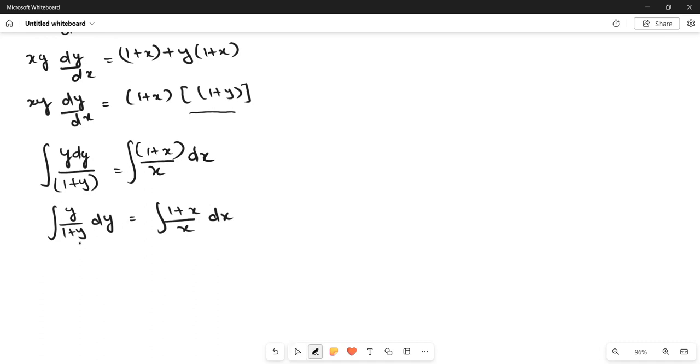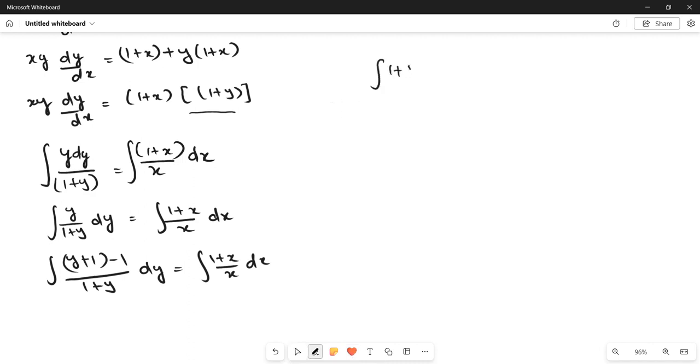To integrate it, how can we solve? We can write y plus 1 minus 1 over 1 plus y dy, and on the other side 1 plus x over x dx. To solve further, we separate: 1 plus y divided by 1 plus y, minus 1 over 1 plus y, dy.